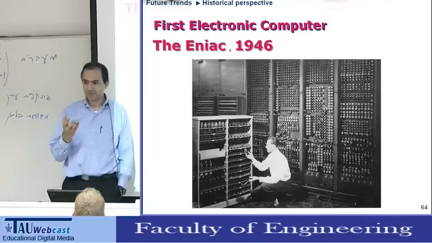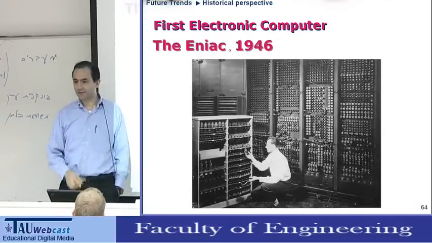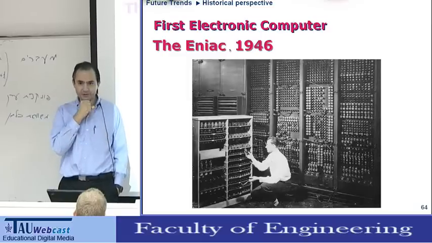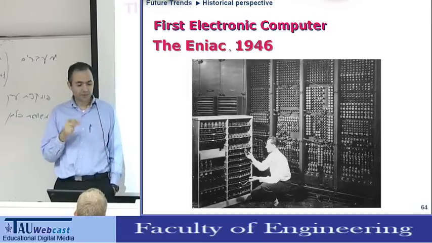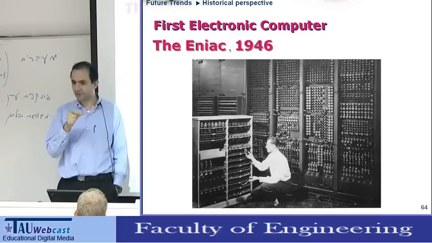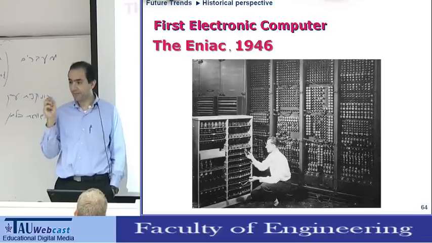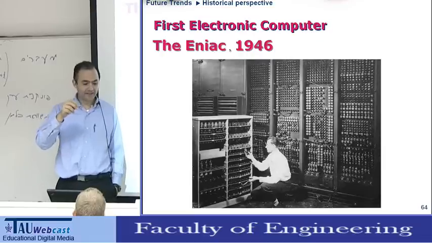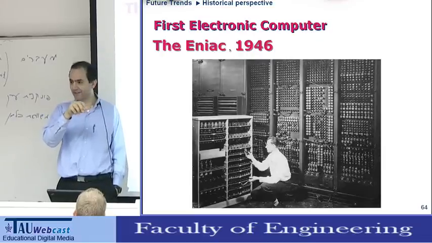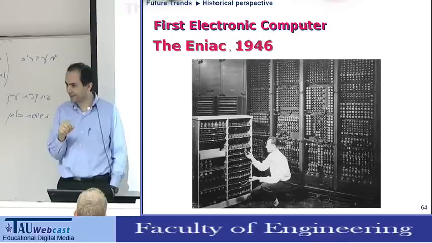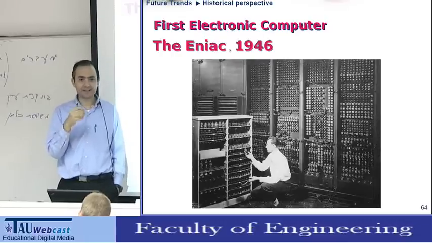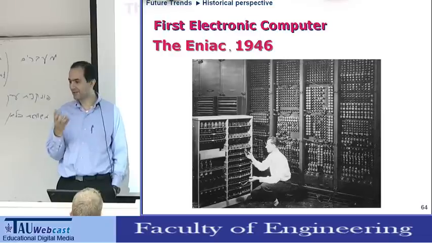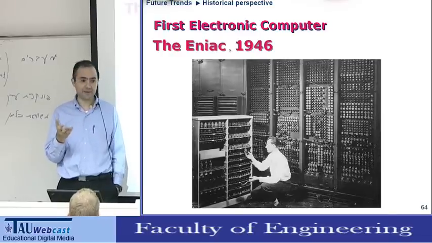So when the program didn't work well on this computer, usually they went and checked all the vacuum tubes, and they found a physical bug, a beetle or some other bug, that electrified itself between the two contacts of a vacuum tube, and that is actually what hurt the calculation. So that was the reason a problem is called a bug.